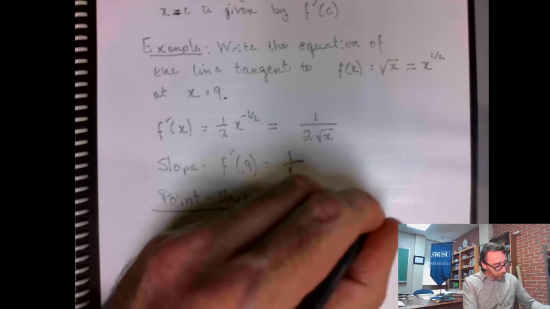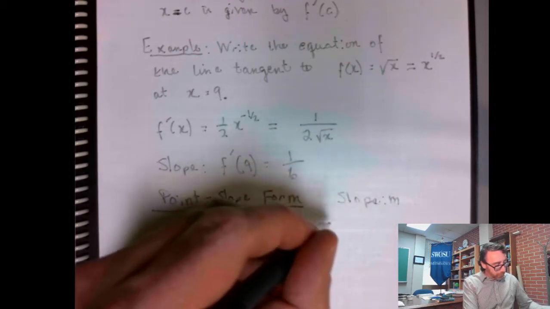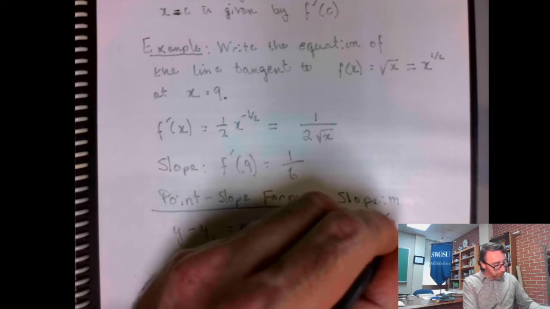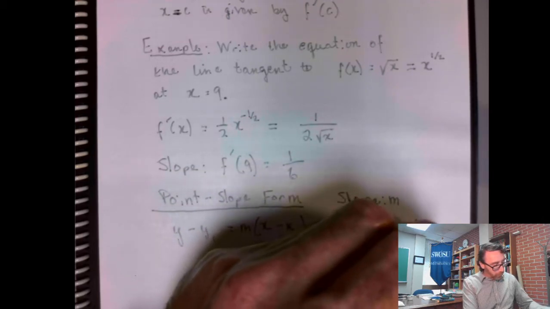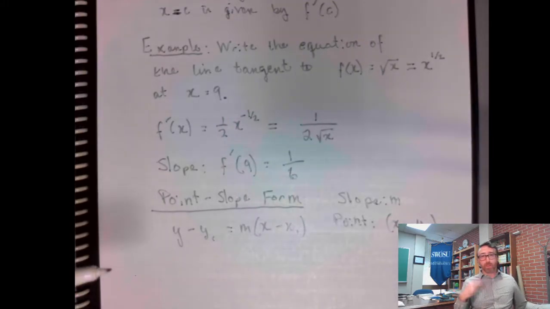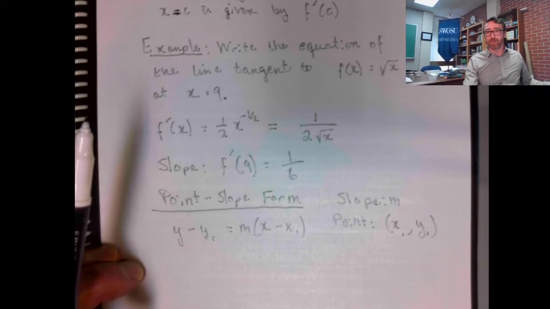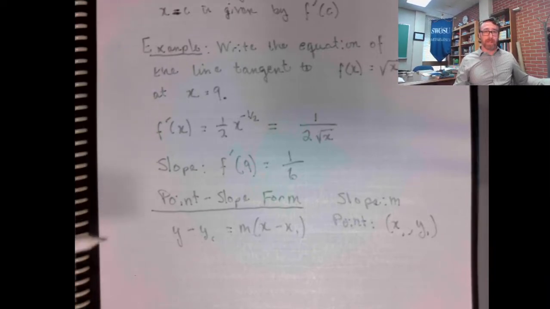The slope, of course, is represented by m, and the point on the line is x1 comma y1. So in order for me to write the equation of a line, I need to know a point on the line as well as the slope. Now, our slope is 1/6. Well, what's the point on the line?